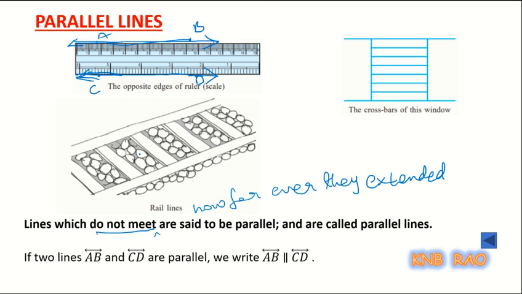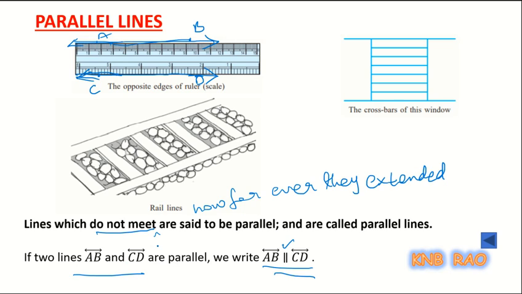So here line AB and line CD, if they are parallel, I write like this. Okay, this is the symbol to show parallel. So in a shortcut, instead of writing line AB is parallel to line CD, we show it with the symbol and we read it like that only. Line AB is parallel to line CD.